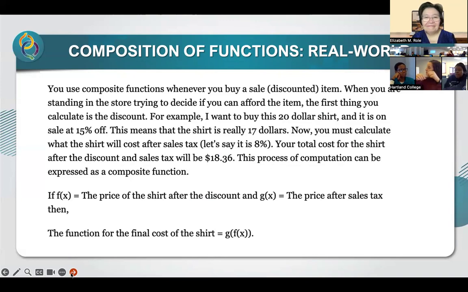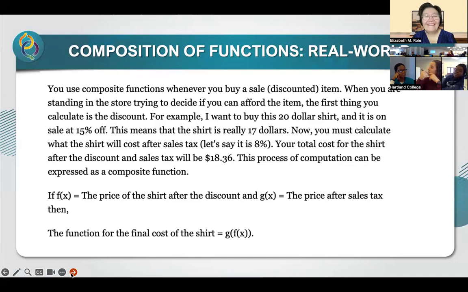Now you must calculate what the shirt will cost after sales tax. Let's say it's 8%. Your total for the shirt after the discount and sales tax will be $18.36. This process of computation can be expressed as a composite function.